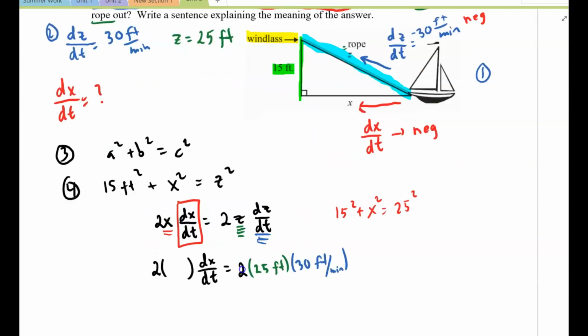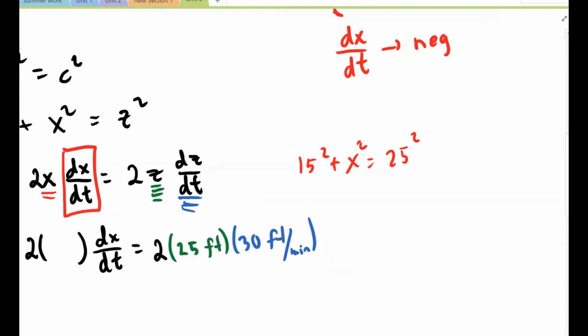Okay, so we can go ahead and solve this. So what we get is 225 plus x squared is equal to 625. So x squared is equal to 400. So x is equal to plus or minus 20, but in this context, we only want 20 feet. Okay, so that's 20 feet.